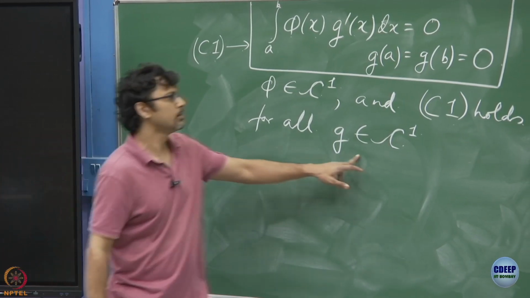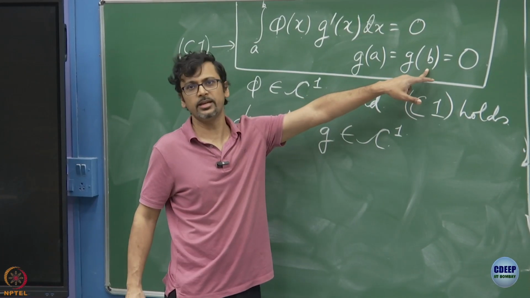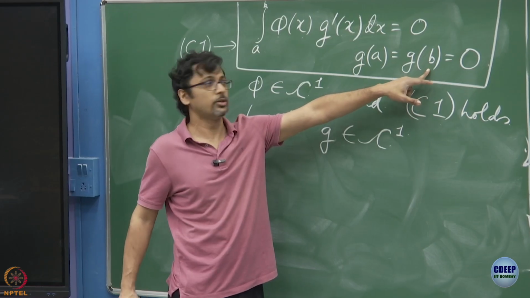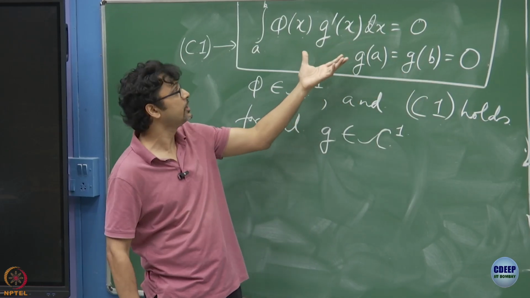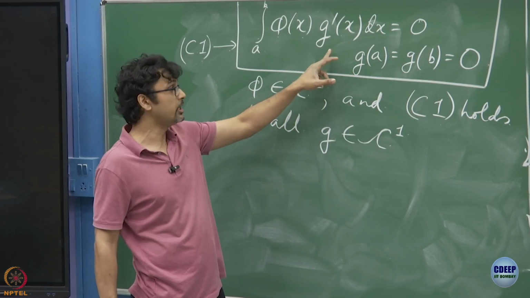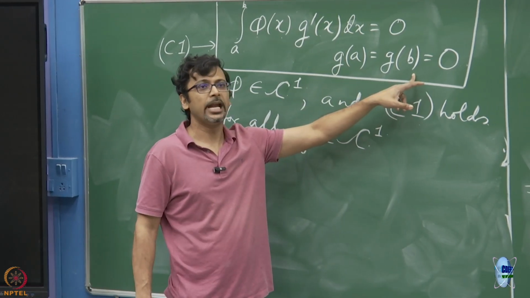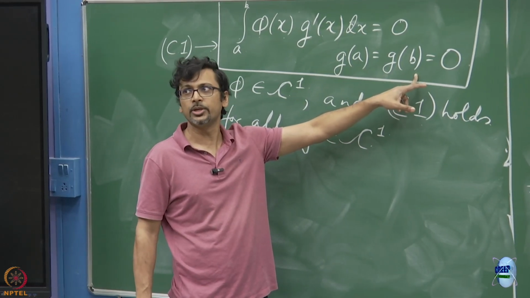Of course, the G has to also satisfy this, right? That's part of condition 1 already. You're not just looking at any kind of G, you're looking at those particular G's which vanish at the endpoints, like the vanishing perturbations we had considered.